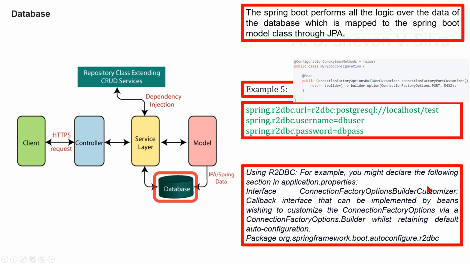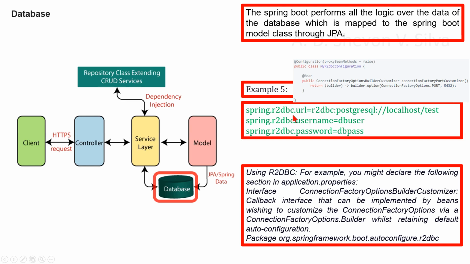The Reactive Relational Database Connectivity R2DBC project brings reactive programming APIs to relational databases. R2DBC's io.r2dbc.spi.Connection provides a standard method of working with non-blocking database connections.